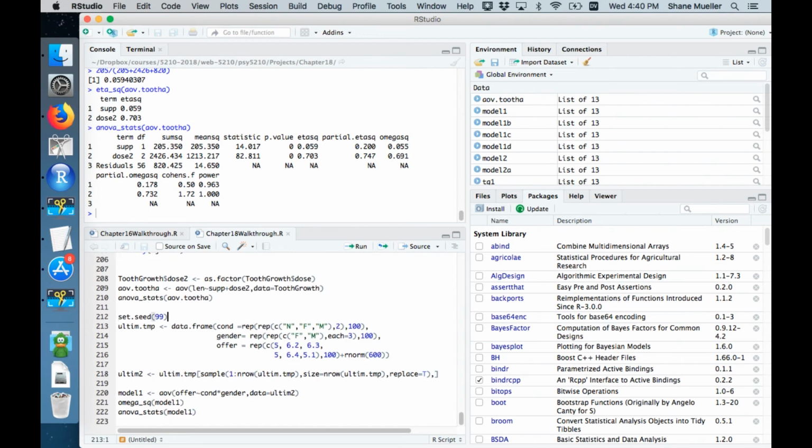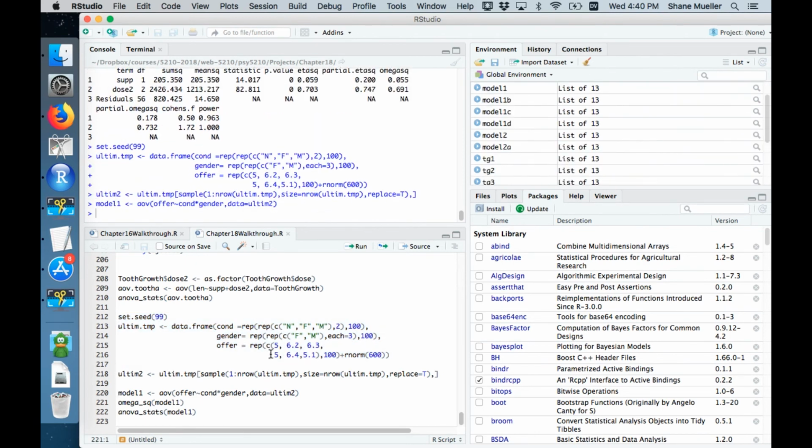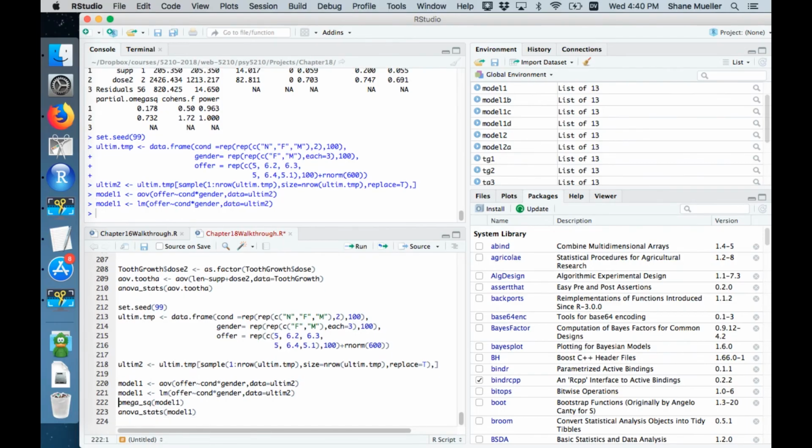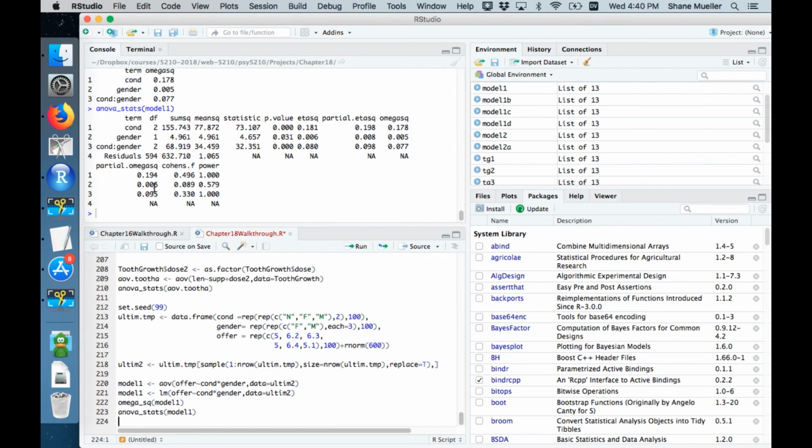We could look at this again from the perspective of the ultimatum game data. So if we reload this, we'll do this one more time. We've got the ANOVA. Let's see what happens if we do the same model as a linear model, though. Actually, this is smart enough to give us these numbers even in a linear regression instead of an ANOVA.